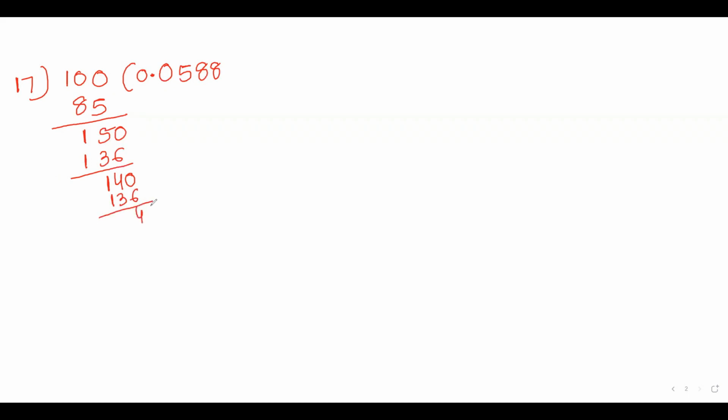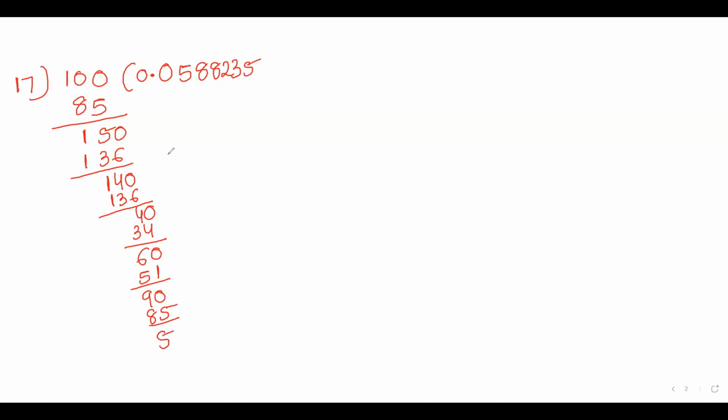Subtract, put 0. 17 2s are 34. Subtract, get 10. 17 3s are 51. Subtract, get 10. 17 5s are 85.